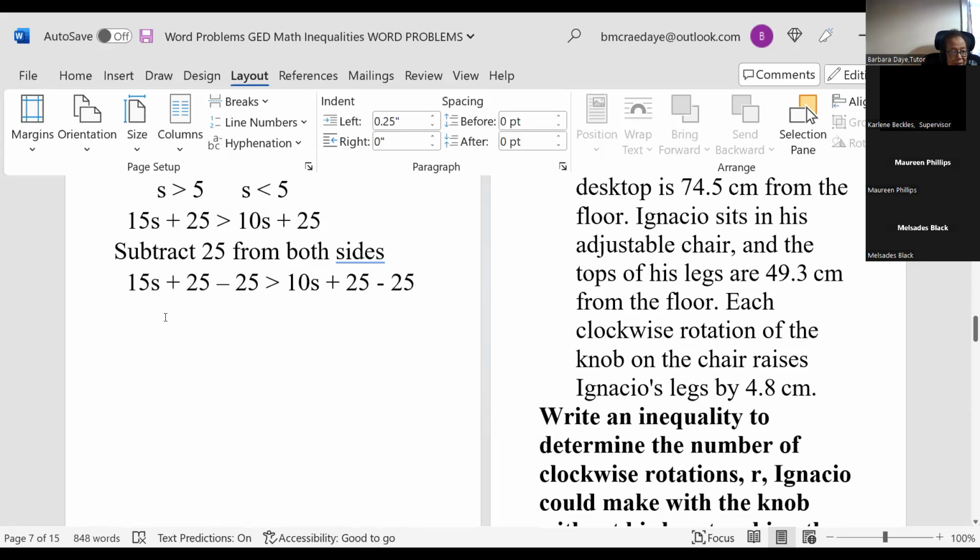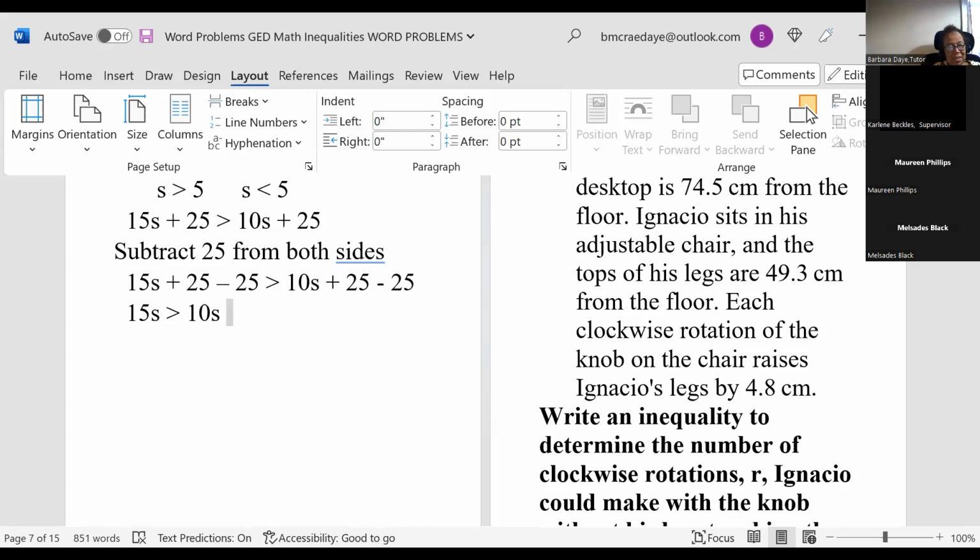What I have left is 15S, greater than 10S, because the plus 25 minus 25 gives you 0. Right? And the plus 25 minus 25 is 0, right?